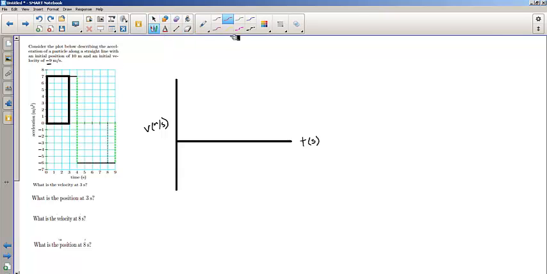The area under the acceleration versus time graph represents the change in velocity. So this area here, we could go ahead and calculate. It's 3 times 7, or 21 meters per second. What that means is if you start out with an initial velocity of -9 meters per second and add a change in velocity of 21 meters per second, then we're going to be at a velocity of 12 meters per second.